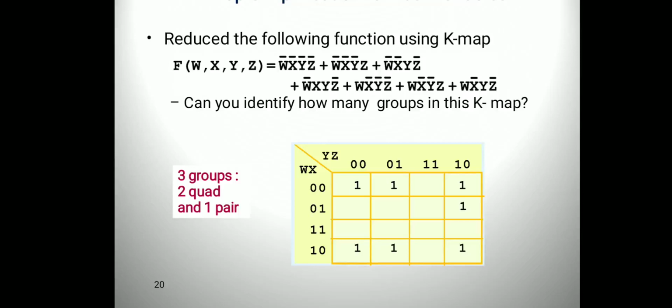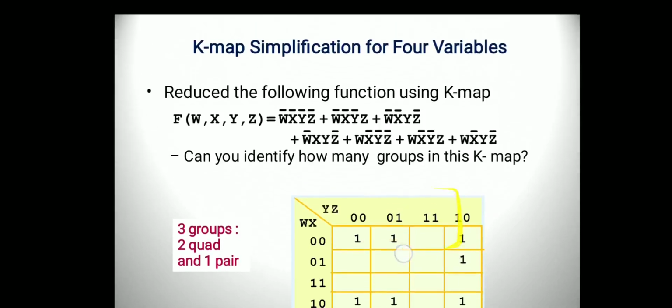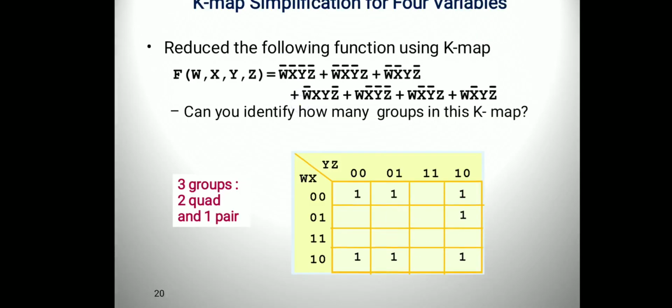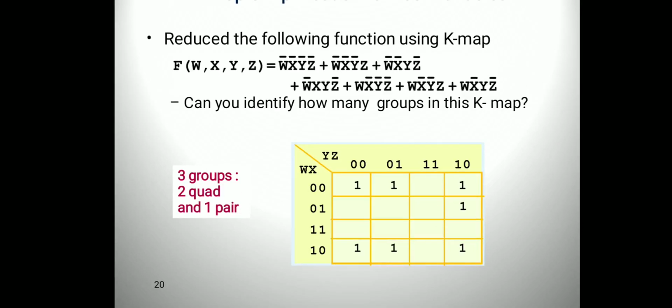The second is represented by wx 00, y complement z, means y is equal to 0, z is equal to 1, so this cell contains 1. We put all the values in this way. Now see the groups, how many groups and pairs are connected here.